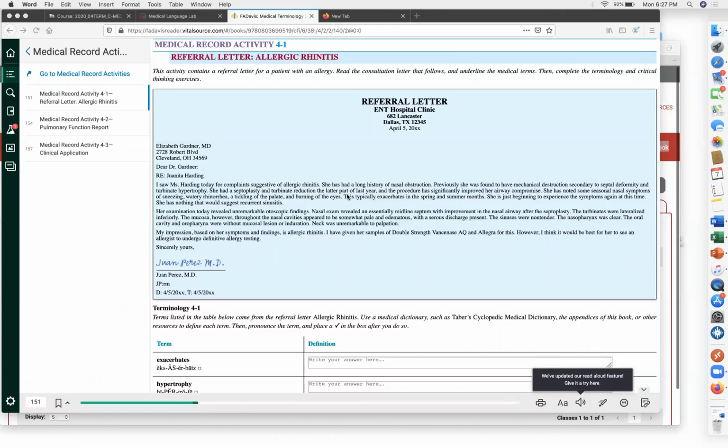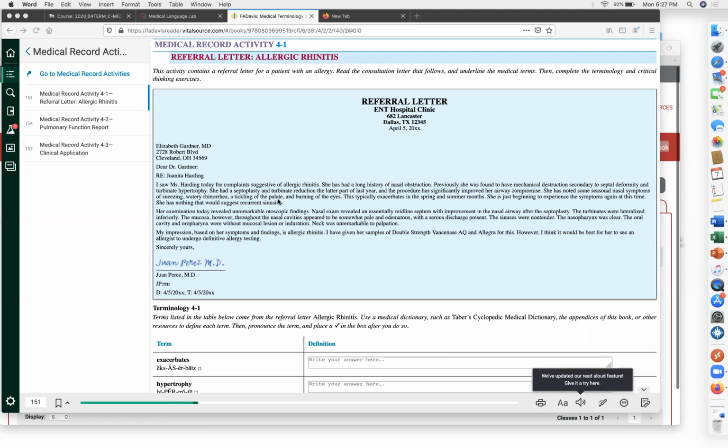She was noted to have seasonal nasal symptoms of sneezing, watery rhinorrhea, tickling of the palate, and burning of the eyes. Whoa, doesn't that look like an all of the above question? Because of her seasonal nasal symptoms, which of the following did she have? Rhinorrhea. She had a decent amount of postnasal drip, meaning stuff was coming out of her nose.